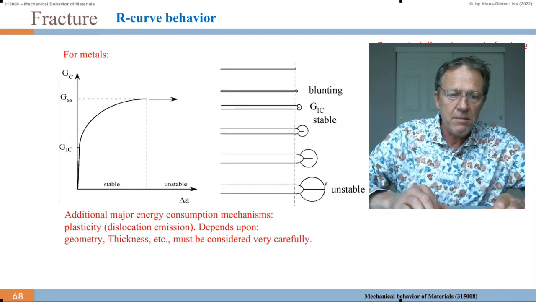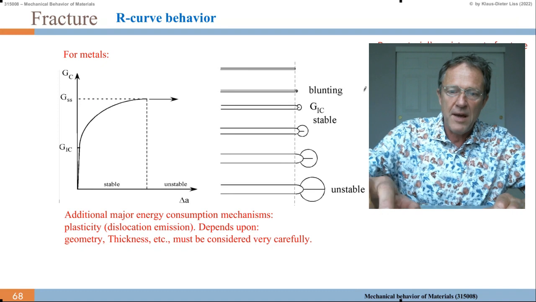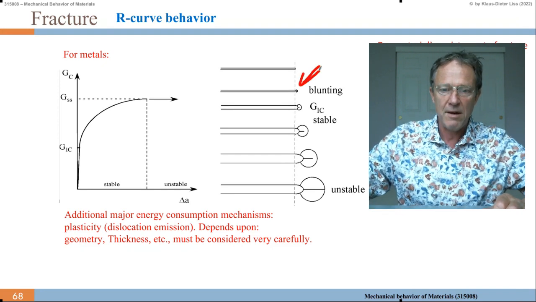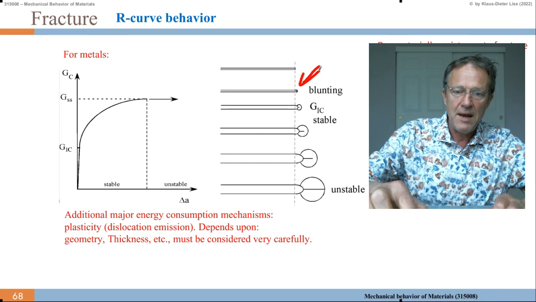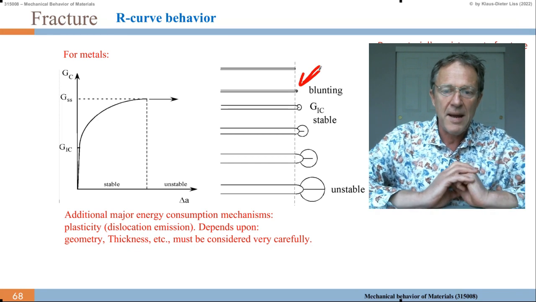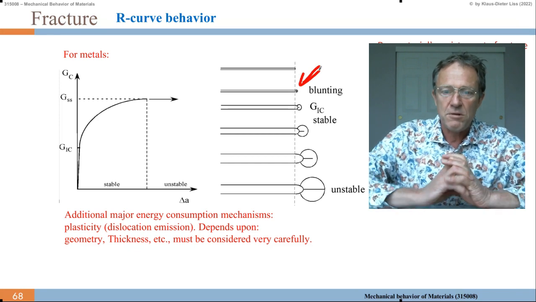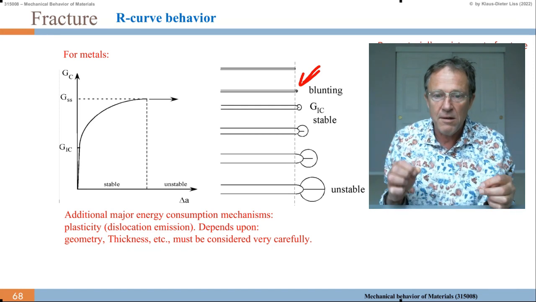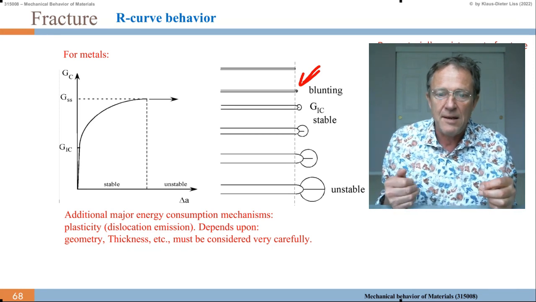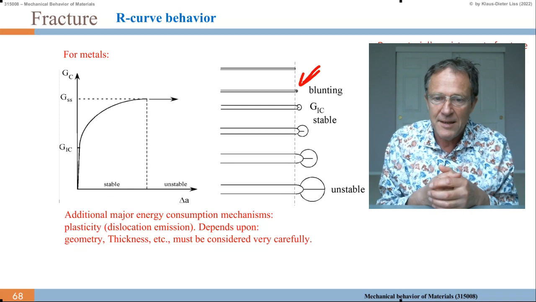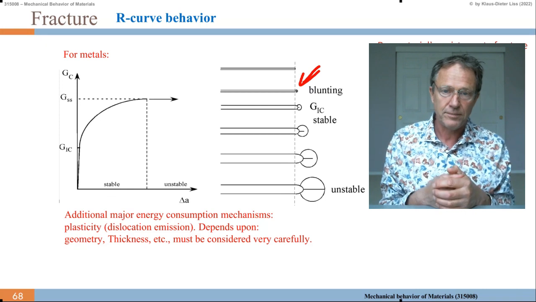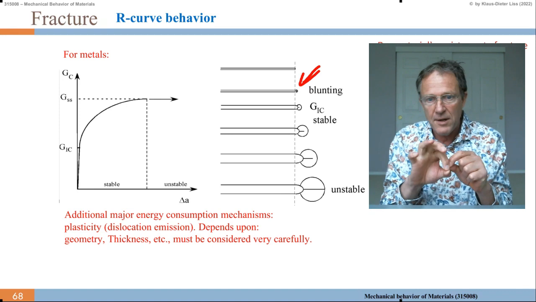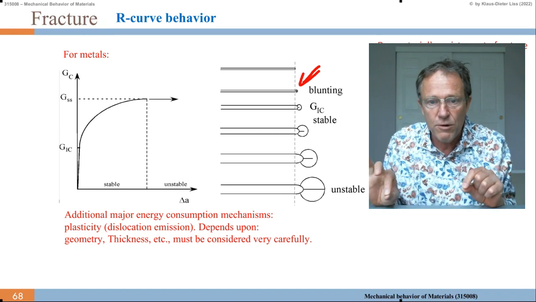This is not so in metals, because in metals we have the effects here. We have this plastic zone, so we have the blunting, we have the stable and unstable conditions depending whether the plastic zone grows faster than the crack or whether the crack grows faster than the plastic zone. So in the brittle material, of course, the plastic zone is very small and the crack grows faster.